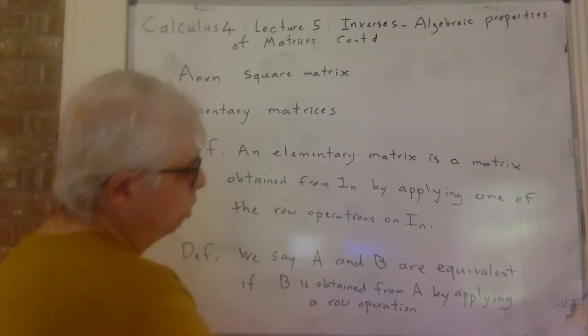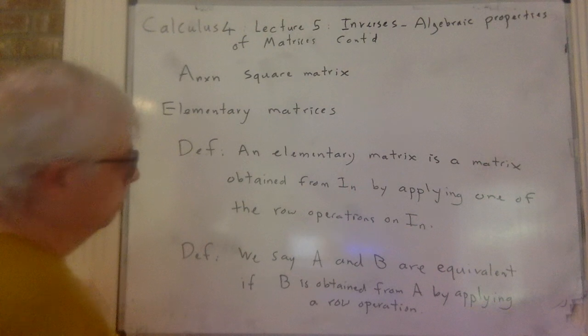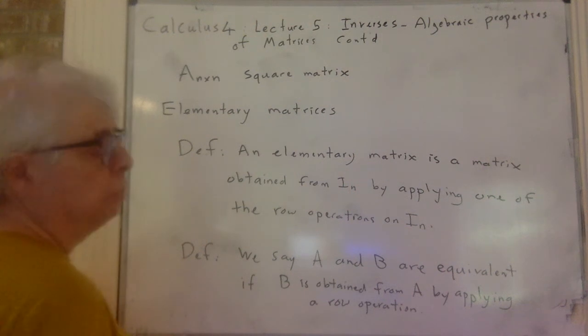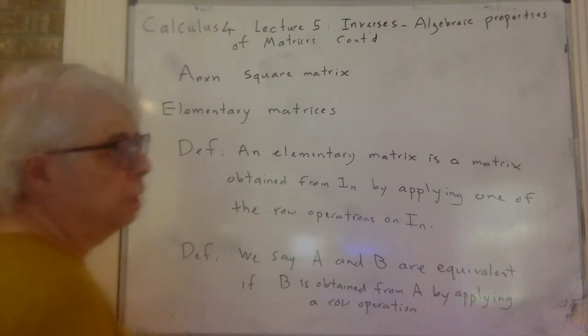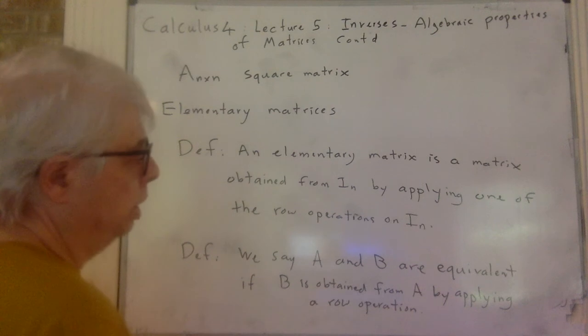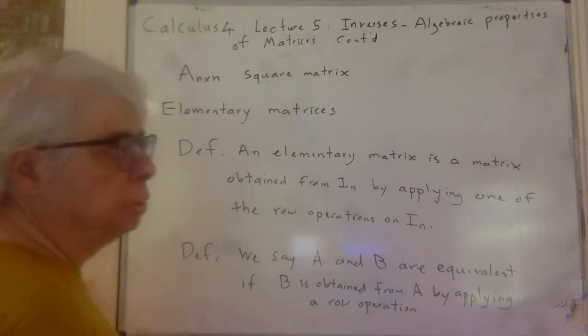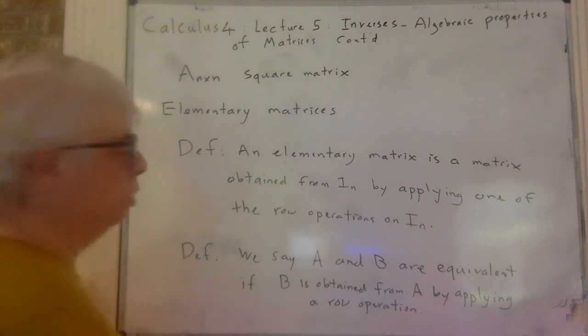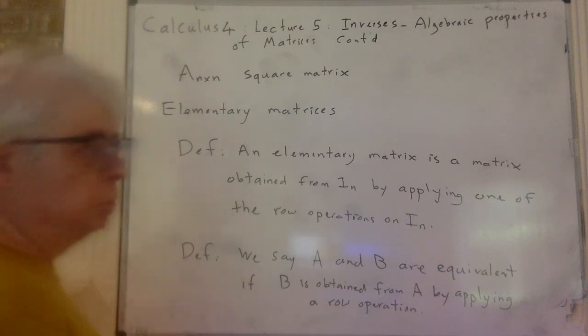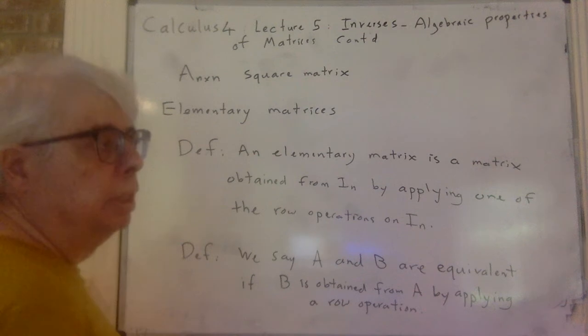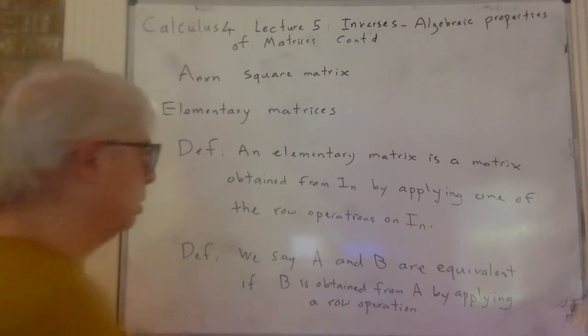Now, remember, when you apply row operations to a system of equations, you're changing the system, but you're not changing the answer. If you apply row operations and get the RREF, then the RREF makes things easier for you. You can now find a solution easily.